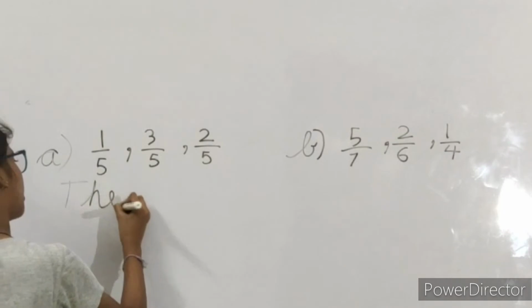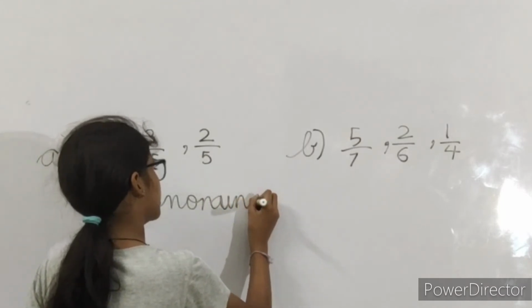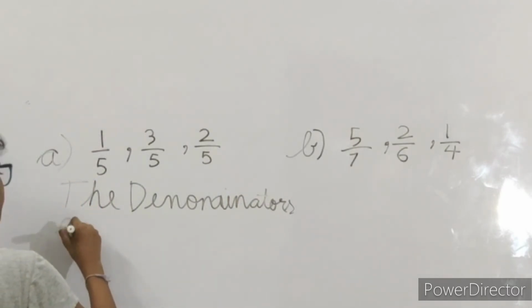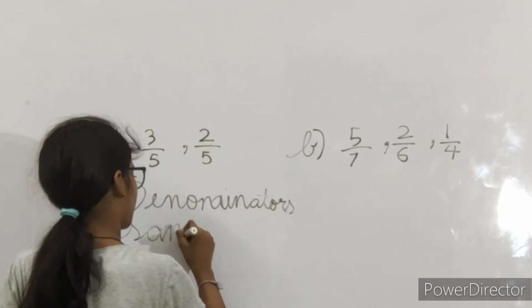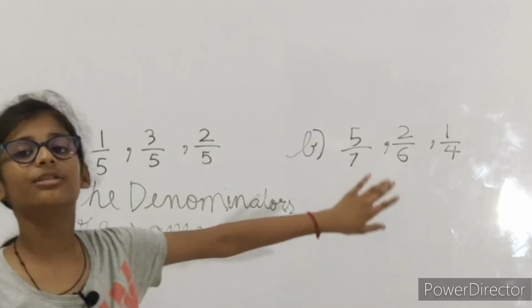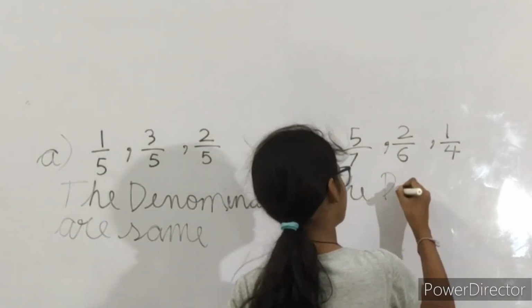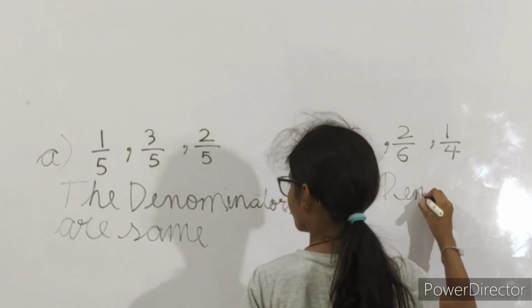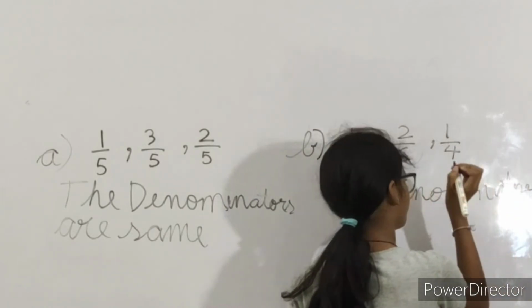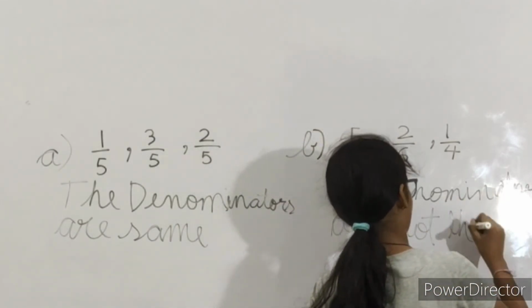The denominators are same. And in the B group, if you will see, the denominators are not the same.